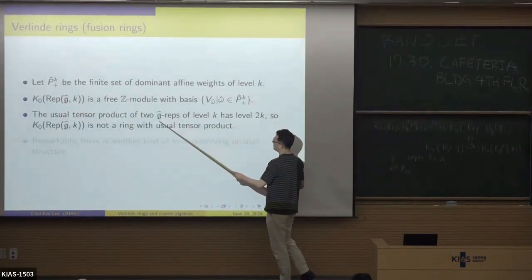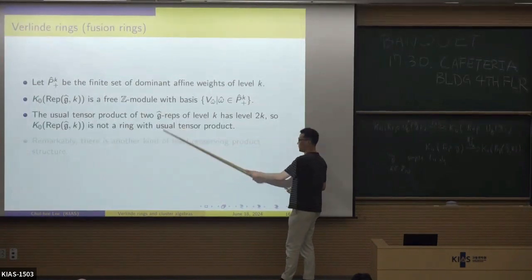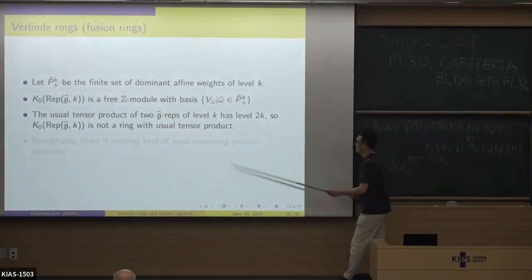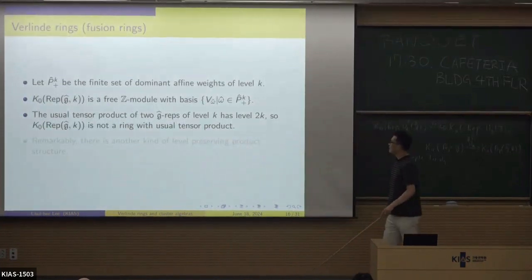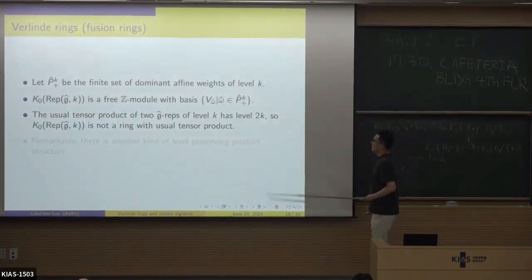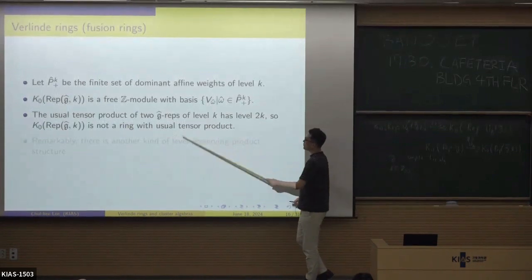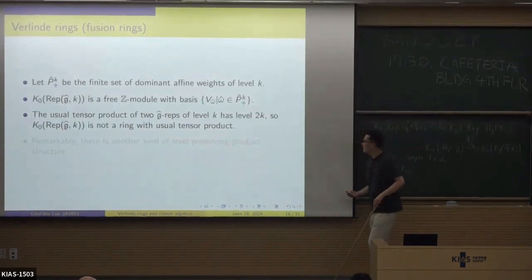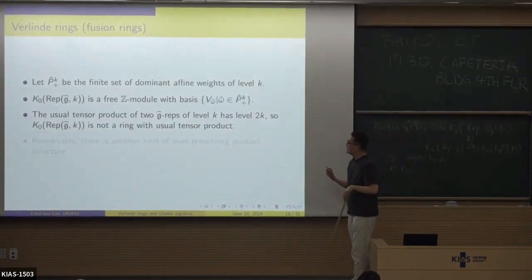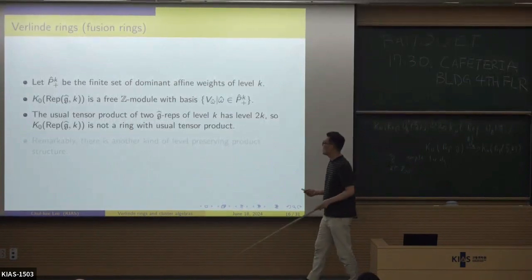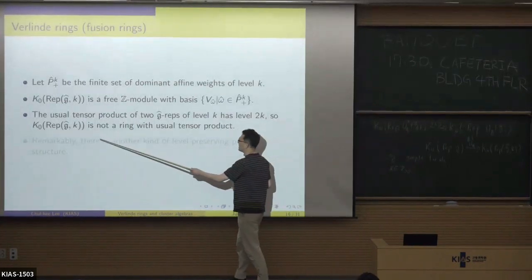So it makes sense to take the tensor product for affine algebras of two representations of level k. But when you take the tensor product of two representations of level k, the resulting representation has level 2k. So this is a problem when we want to consider this as a ring.